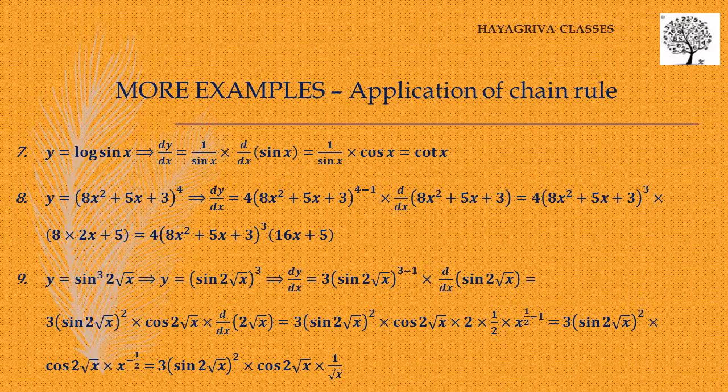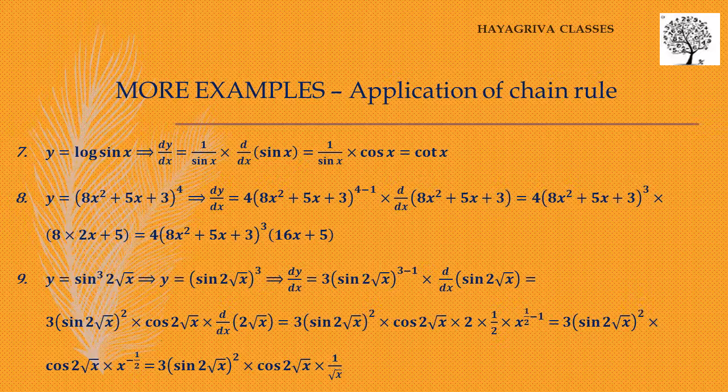When we differentiate 8x square plus 5x plus 3, 8 you keep as it is. If you differentiate x square, you will get 2x, plus 5. So you have 4 into 8x square plus 5x plus 3, the whole cube, into 16x plus 5.